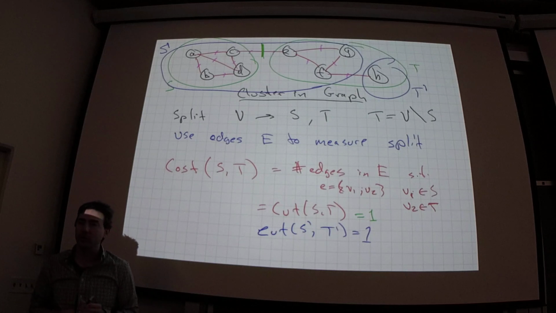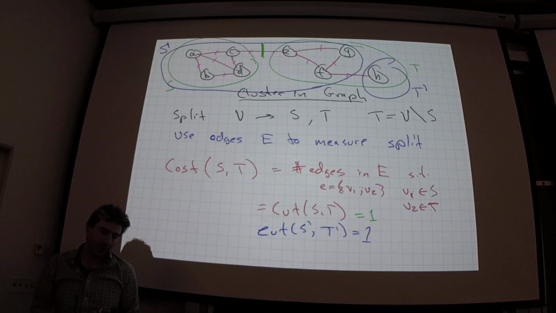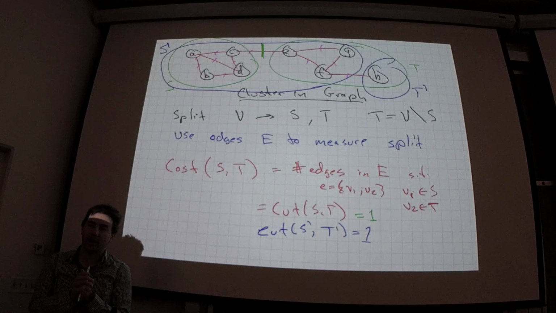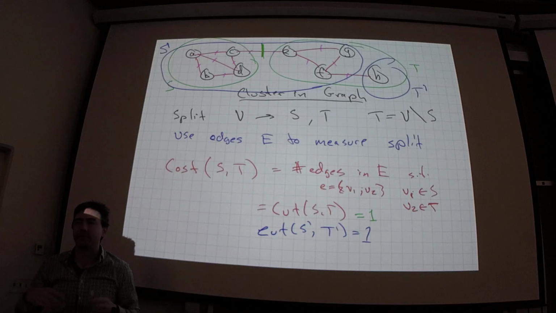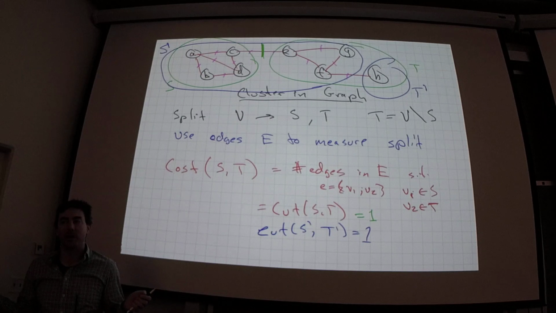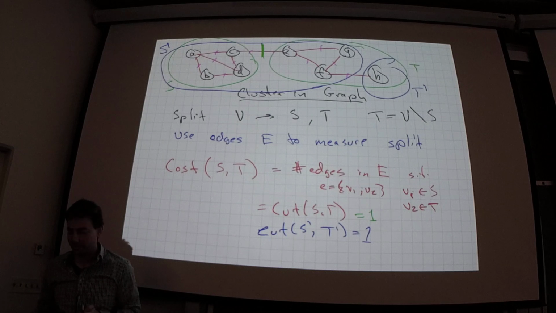If you've taken an algorithms course, finding the max flow of a graph is something you can solve for, but the min cut is going to be harder to solve for.